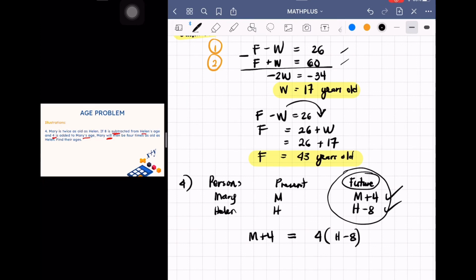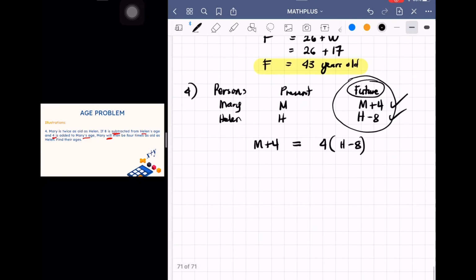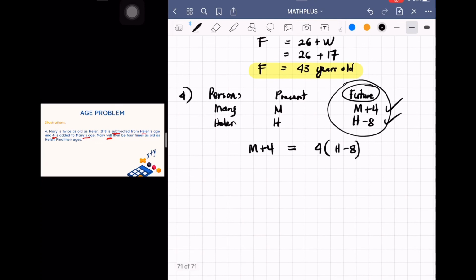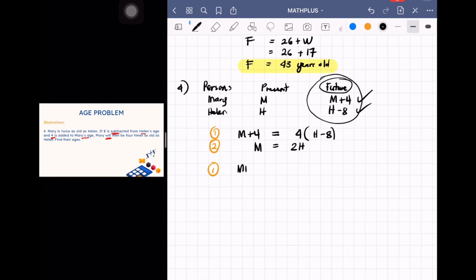Okay? Going back to the first sentence, because I was not able to translate that, Mary is twice as old as Helen. That means at present time, Mary is twice as old as Helen. So what I'm going to do is simplify the equations first. For equation 1, that would be M plus 4 equal to 4H minus 32.